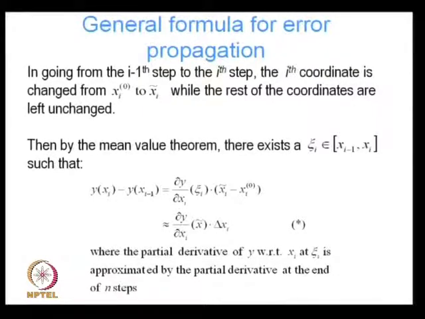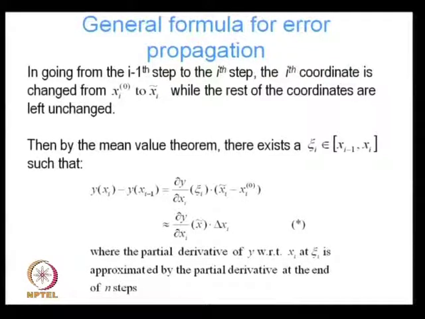Because of this, due to the mean value theorem, there exists a xi i which belongs to the interval x(i minus 1), x(i), such that y of x(i) minus y of x(i minus 1) is equal to del y del xi evaluated at xi i times the interval, which is equal to xi tilde minus xi0, which is approximately equal to del y del xi evaluated at x tilde times delta xi.